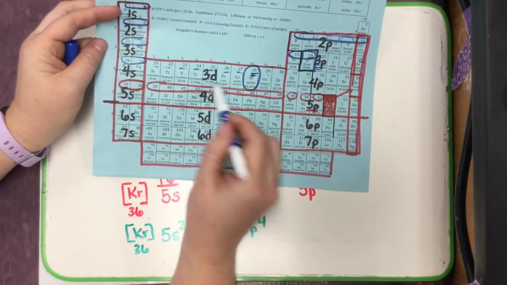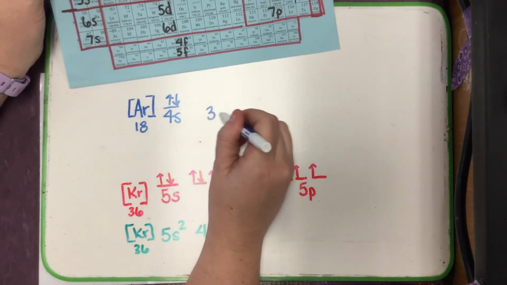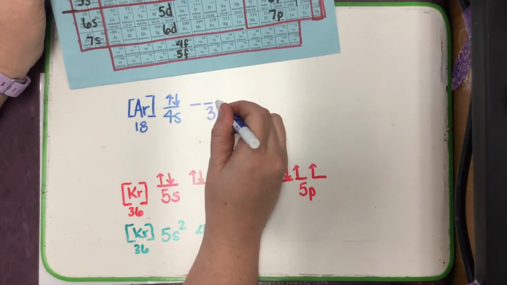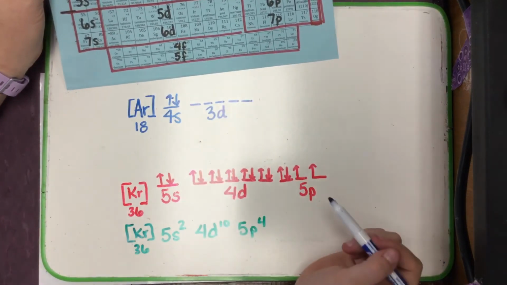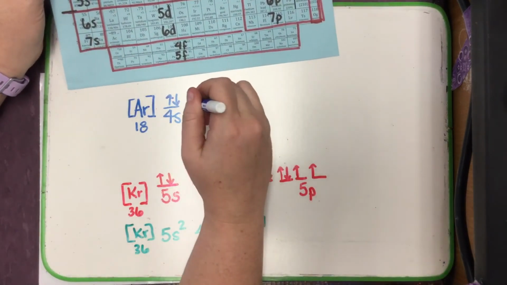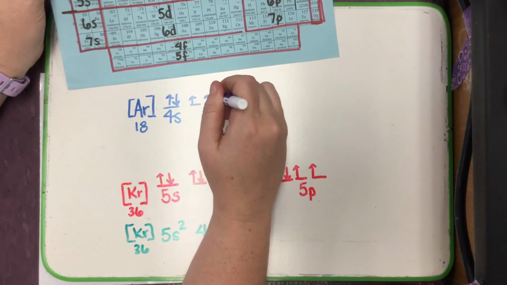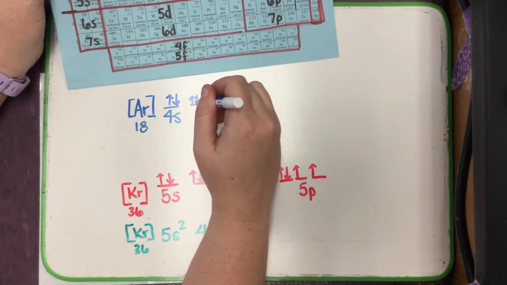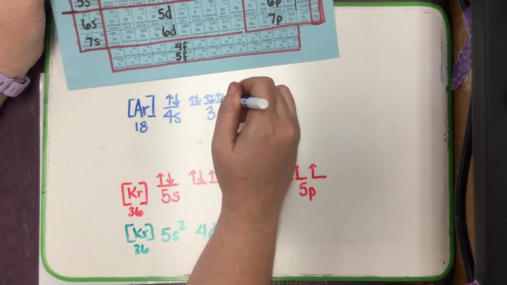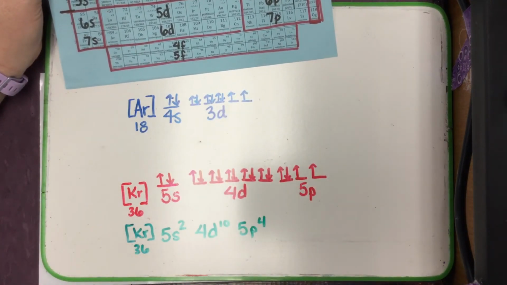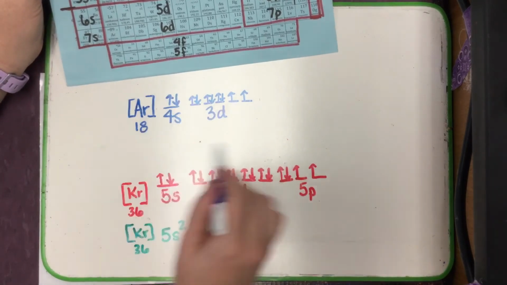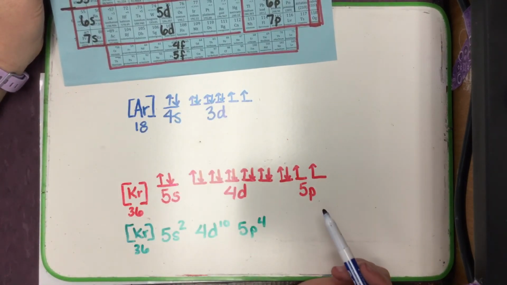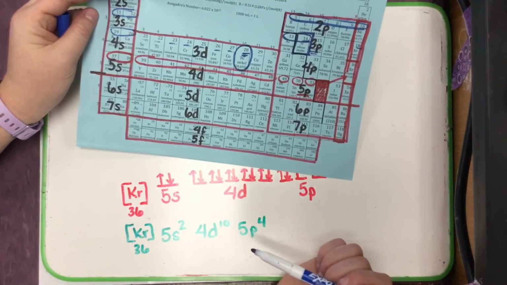These are in the 3d. Remember, d subshells always get 5 lines. So this is number 21, 22, 23, 24, 25, 26, 27, and 28. This would be my shorthand orbital notation for element 28, nickel.